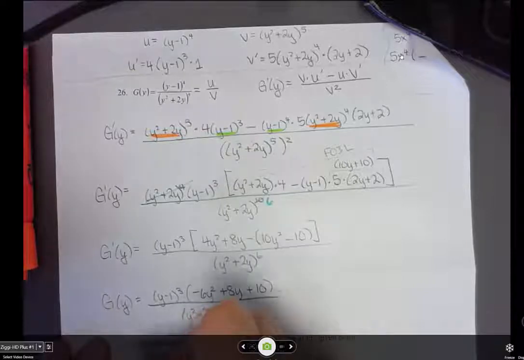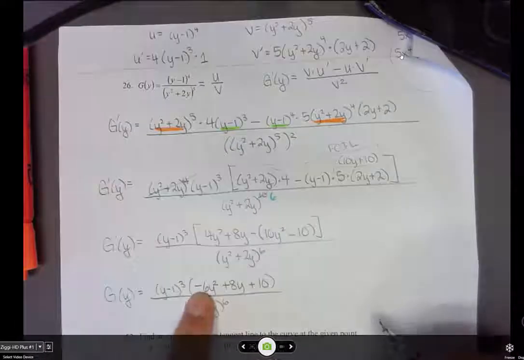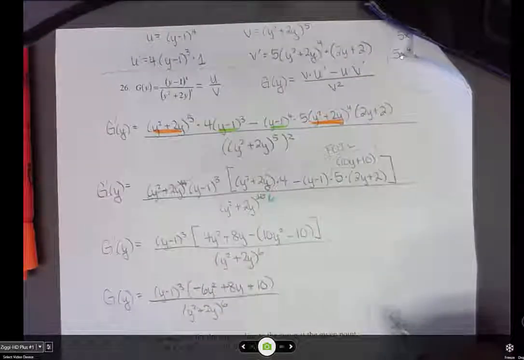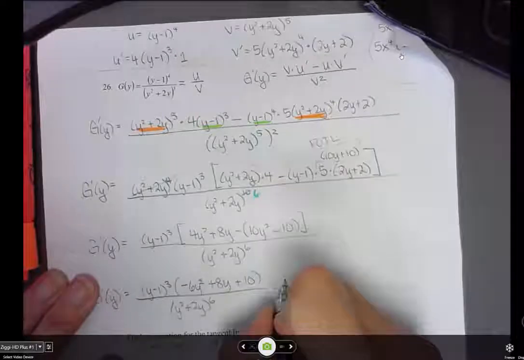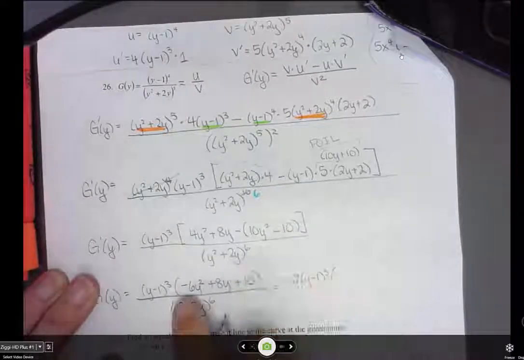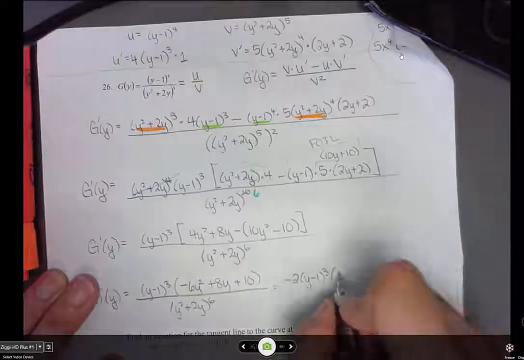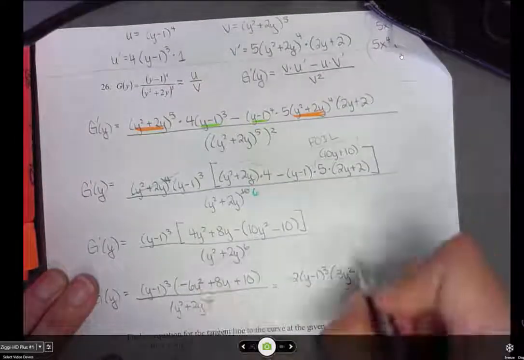I am going to factor out a negative 2 from this and see if I can factor what's left. And we're just going to put the negative 2 all the way out in front. So that would be 3y squared. If I factor out a negative 2, that would be minus 4y minus 5.